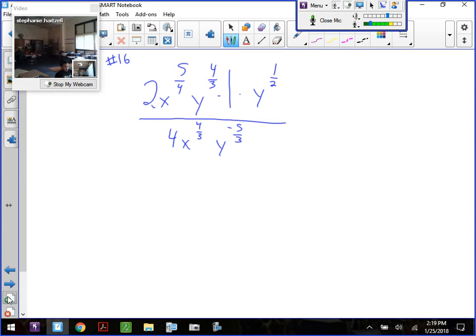I'd move it up right away. So as we peel this back, what's 2 over 4? I have a 1/2. I have an x to the 5/4, an x to the 4/3. We have a y to the 4/3, y to the 1/2, and y to the 5/3.